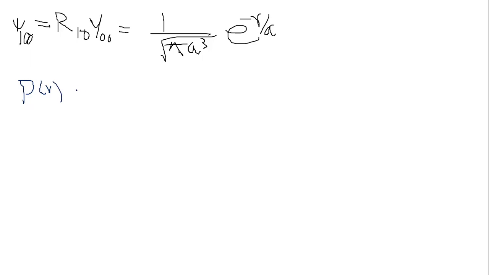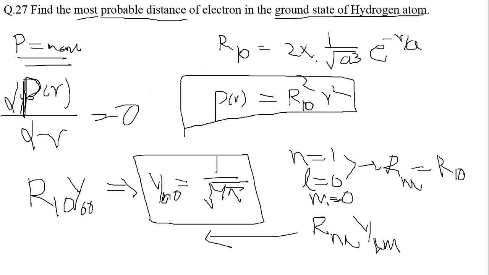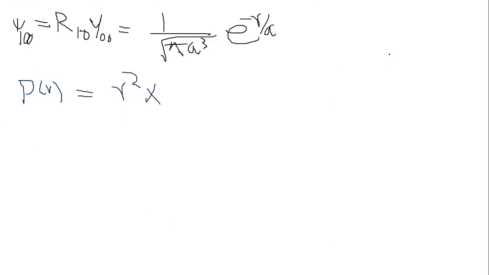P(r) equals r square into R10 square. R10 is 2 into 1 by root of a cubed, e to the power minus r by a. So it will be 4 by a cubed, e to the power minus 2r by a.